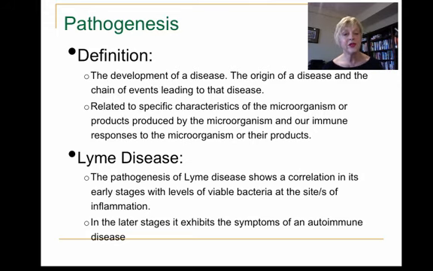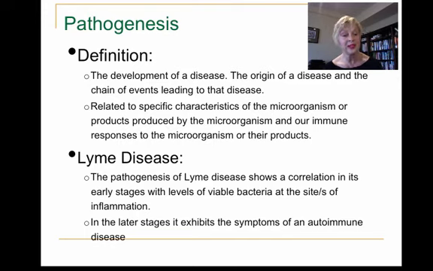Pathogenesis. The definition of this is the development of a disease, the origin of the disease, and the chain of events leading to the disease. The pathogenesis for Lyme disease is that it's a disease carried by a bacterium, specifically Borrelia burgdorferi, and it shows a correlation between the visible signs of this bacterium, the infection, and the symptoms that we describe later.